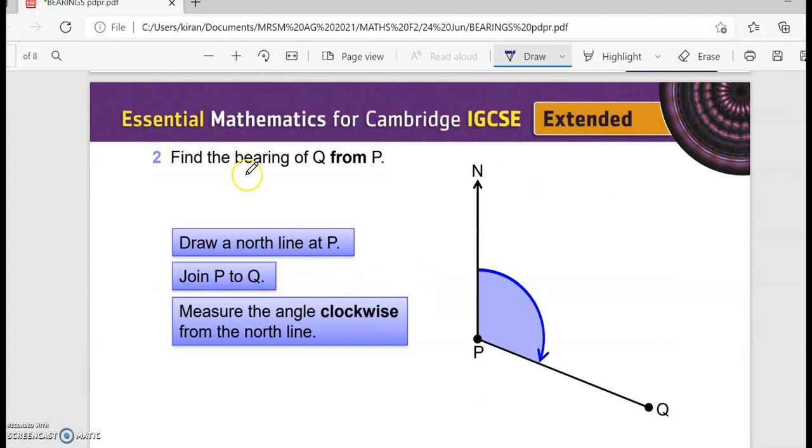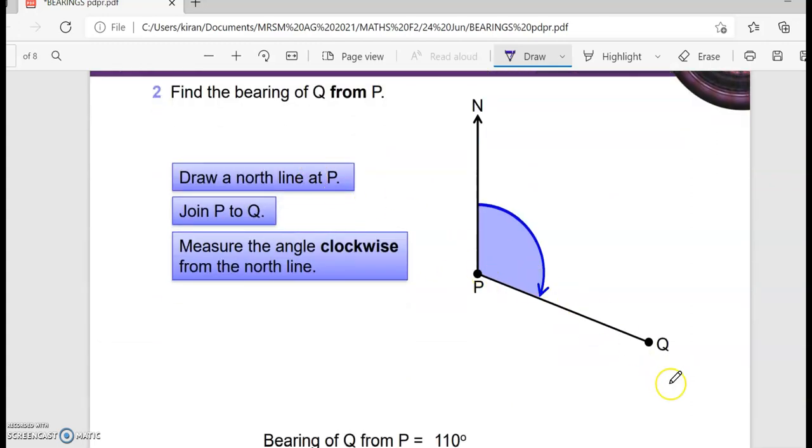So for next one, find the bearing of Q from P. The keyword here is from P. So we draw the north line at P. Here is the north line, and then we draw a line that join P and Q, and then we measure the angle clockwise from the north line. This one also you measure by using protector.